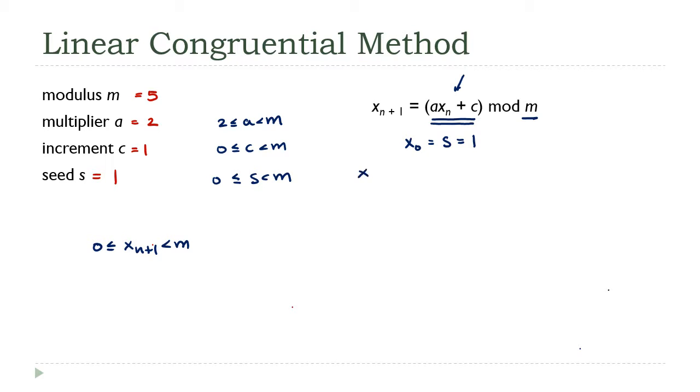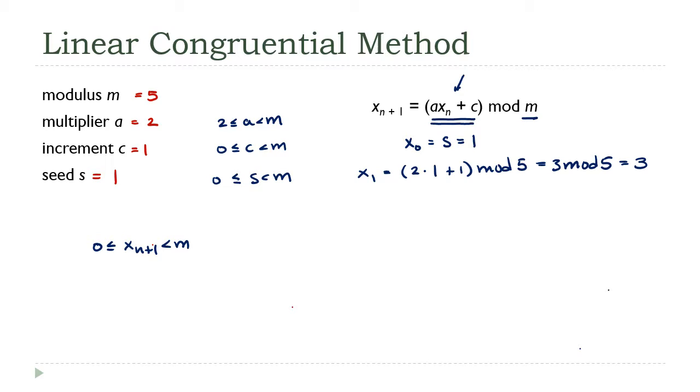The next number in the sequence, x sub 1, is 2 times 1, the previous value, plus 1, mod 5. That's 3 mod 5, and 3 divided by 5 has a remainder of 3.